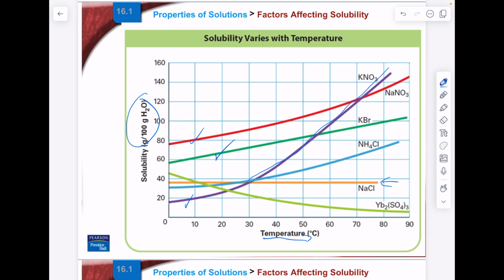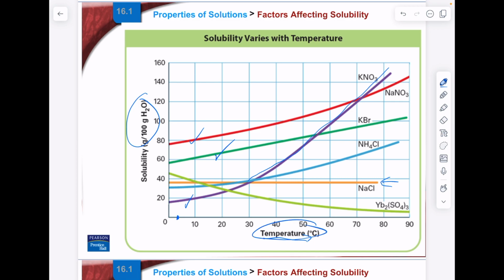Ocean water, by the way, has an average solubility down here of about 3.5 grams of salt per 100 grams of water. It's about 3.5% salt water. But of course, that's going to vary greatly from ocean to ocean and from place to place within an ocean based upon temperature.